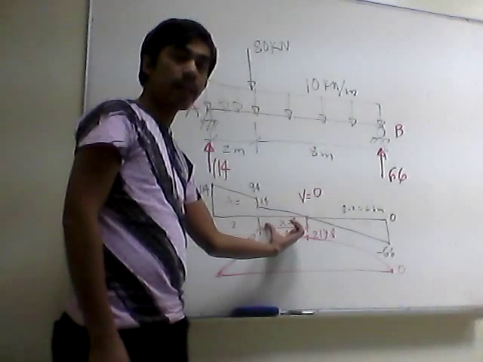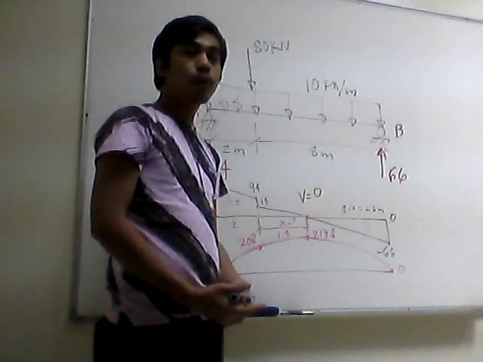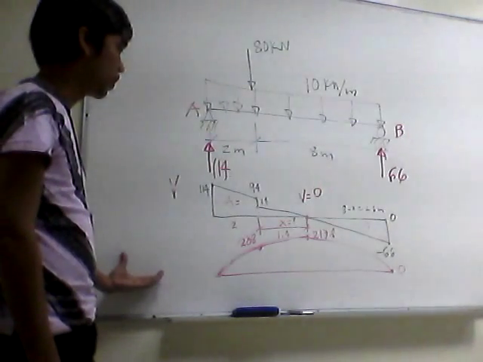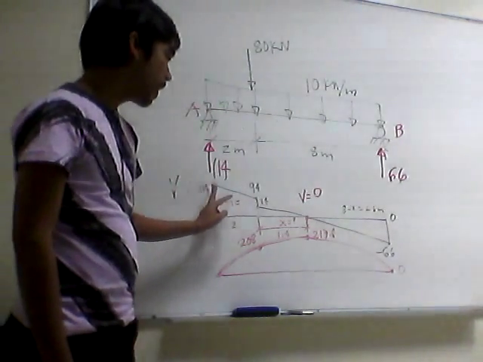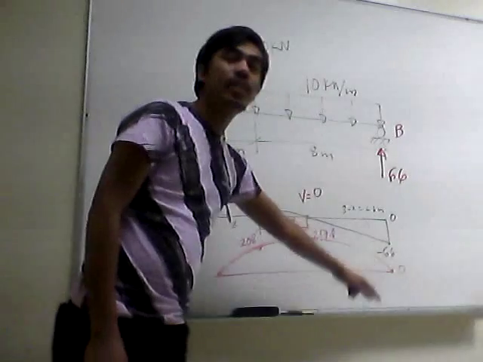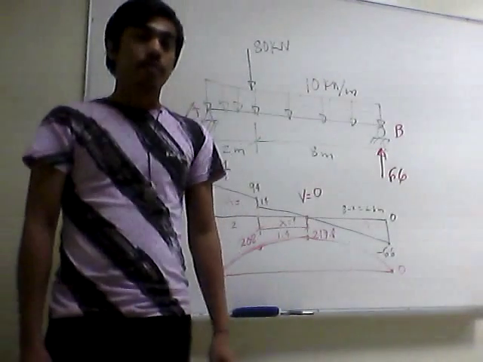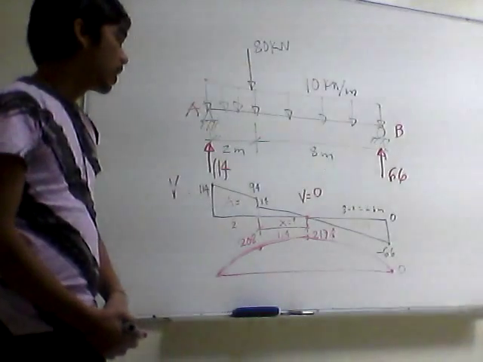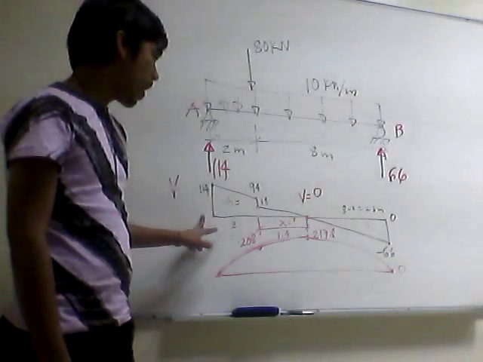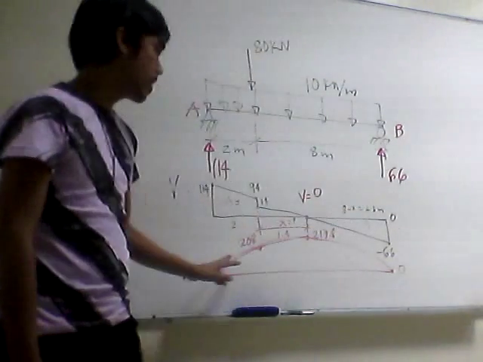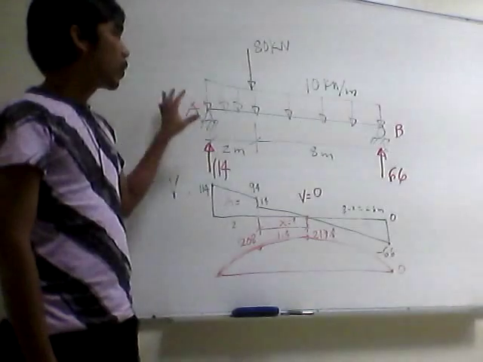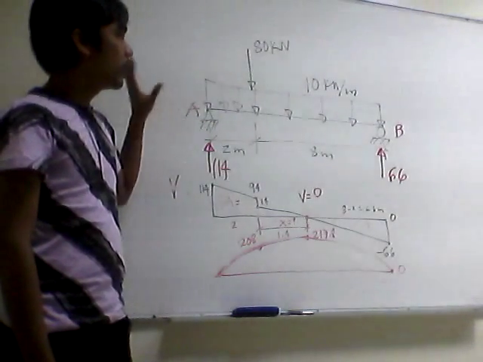We use the ratio and proportion technique in solving for the x, as we have shown a while ago. As usual, we use the area of the shear diagram to solve for the magnitude of the moments along the points of the beam. Same as the previous lectures, you need to have an accurate shear diagram to get an accurate moment diagram.